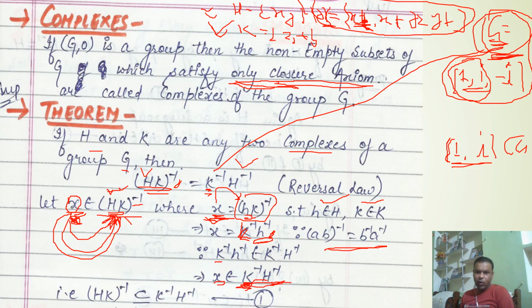It means all elements of this belong to this. It means the first is a subset of the second. It may be a proper or improper subset. Here we have shown that each element of (HK) inverse belongs to K inverse H inverse.